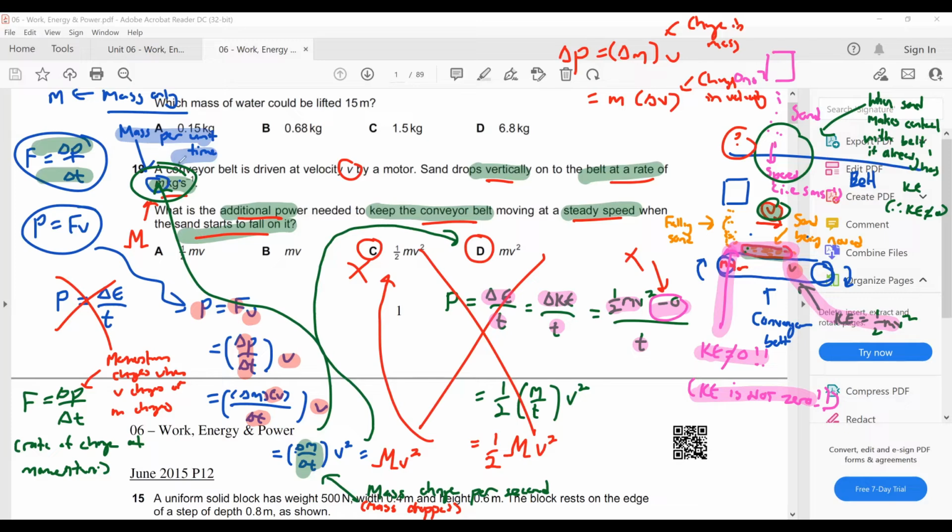Okay, which is this one. So eventually I get this, which will give me this answer. All right, so this one here is the correct answer. Okay, right, that's the understanding here.